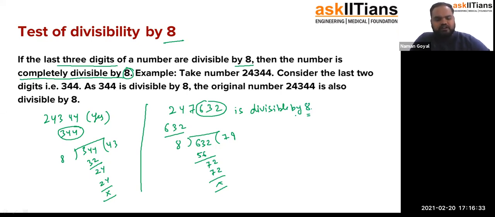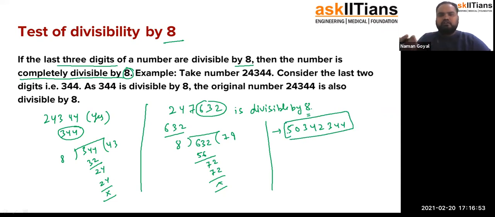Okay, so we can take so many examples, we can do so many questions. Now the next question, if you want, you can take 403422344. See, the number can be anything. And no matter how big the number is, you have to check only the last 3 digits. If the last 3 digits are divisible by 8, then the whole number is divisible by 8.